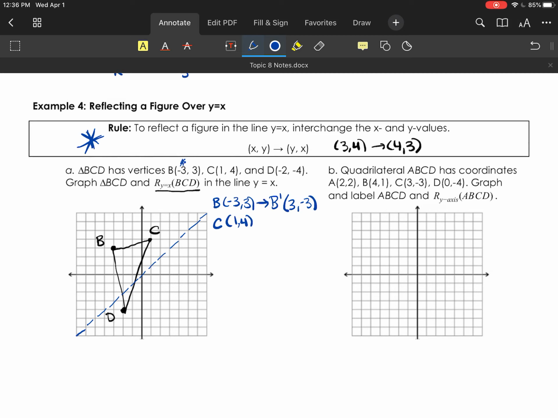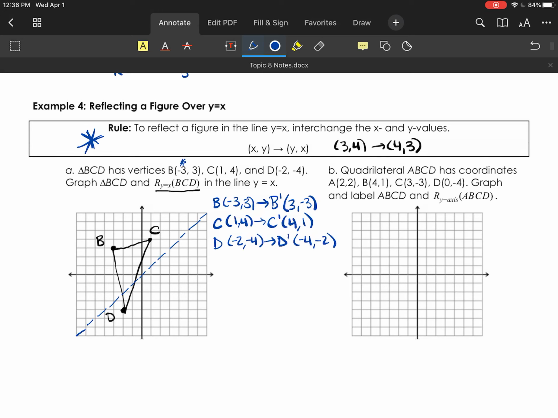C is at (1, 4). So I know C prime is going to be at (4, 1). Again, just flip the x and the y. D is at (-2, -4). D prime is at (-4, -2).